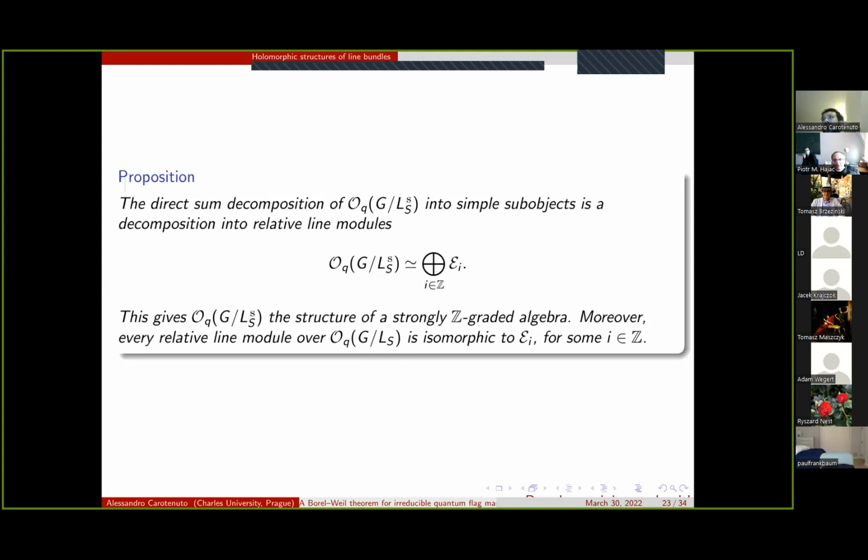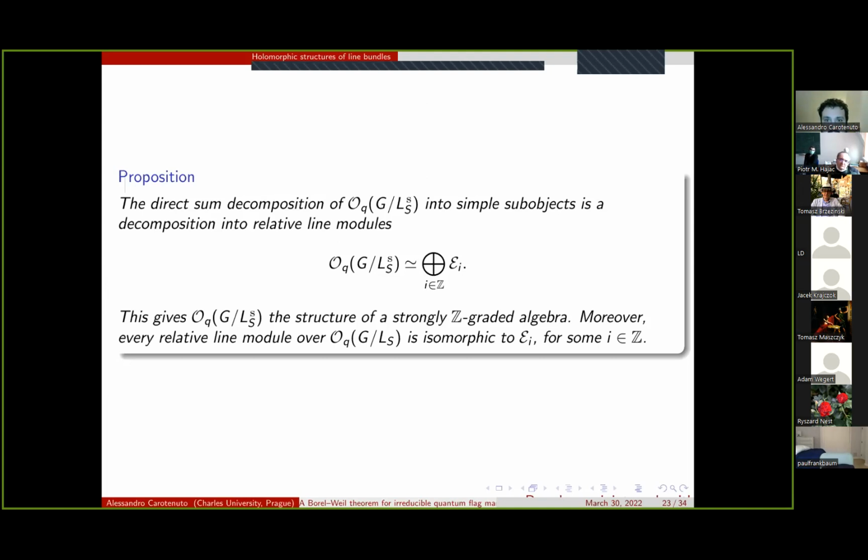Of course, the Podleś sphere is a very unique example because it's an irreducible quantum flag manifold, but it's also a full flag manifold. By full, I mean that all the crosses of the corresponding Dynkin diagram are crossed.